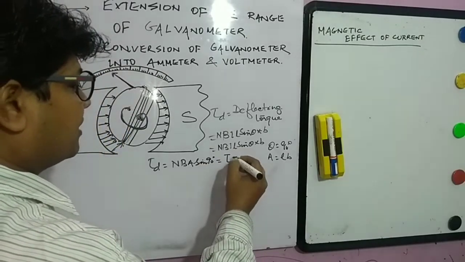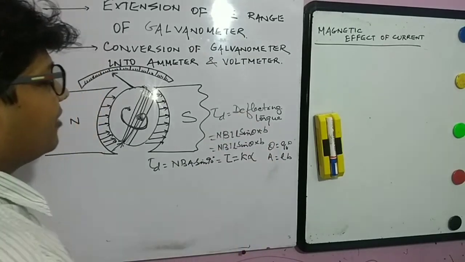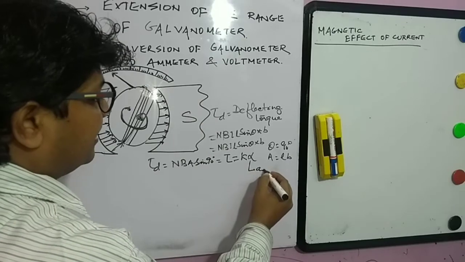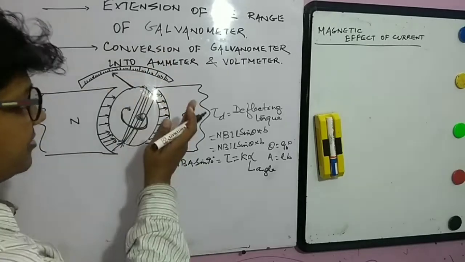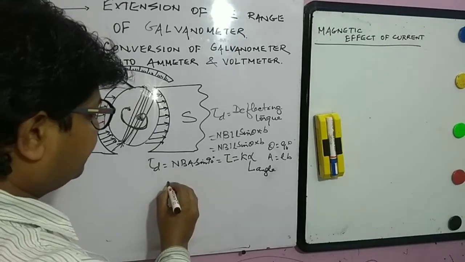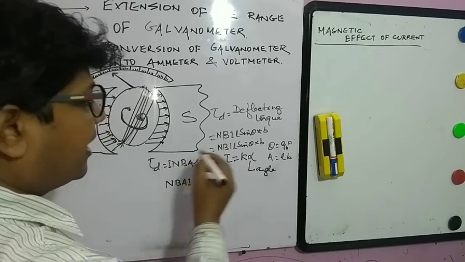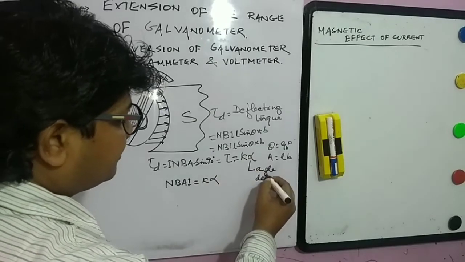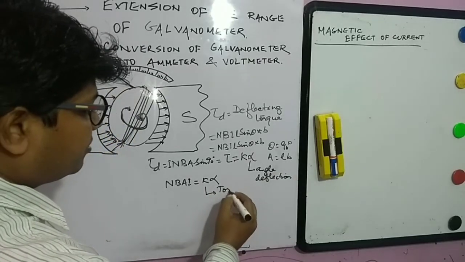That restoring torque is taken as k alpha, where k is the torsion constant and alpha is the angle that defines the deflection of this pointer, how far the pointer will move. So we can write n into NBA into I is equal to k alpha, where alpha is the deflection angle, or angle of deflection, and k is called the torsion constant.